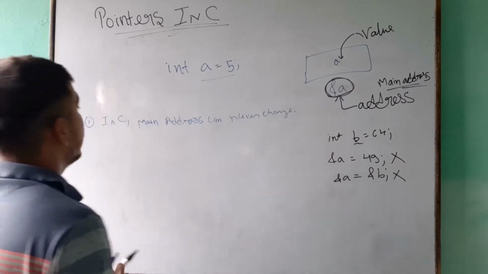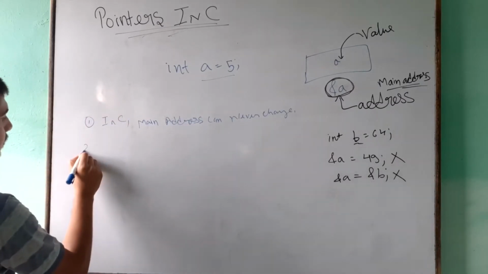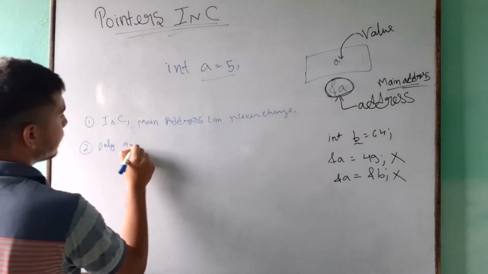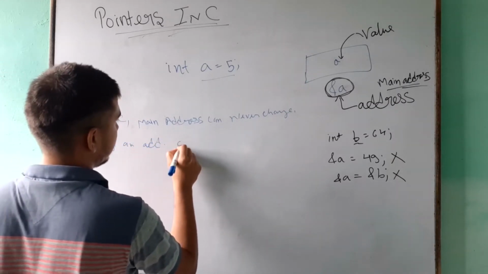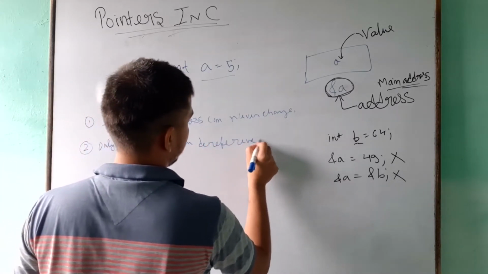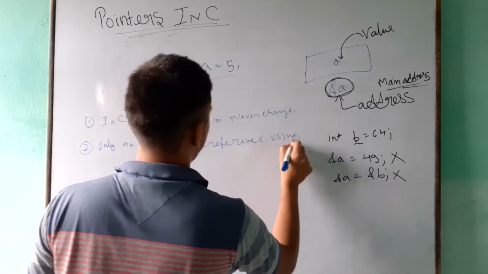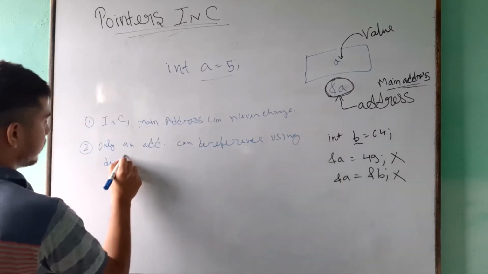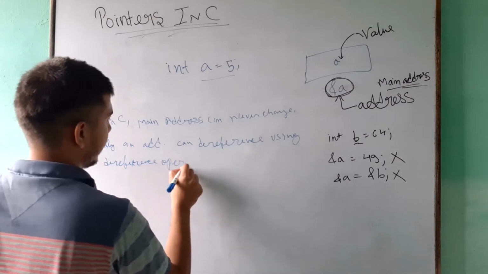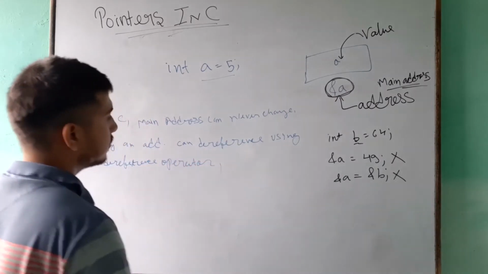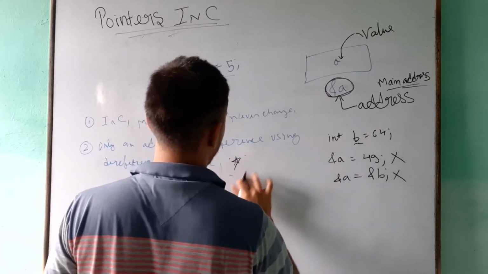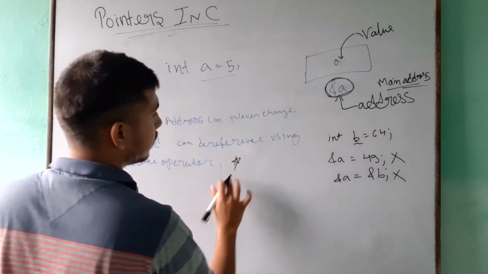Now point number 2: only an address can be dereferenced using the dereference operator. And I guess you know that the dereference operator is the star, the asterisk, whatever you want to call it.